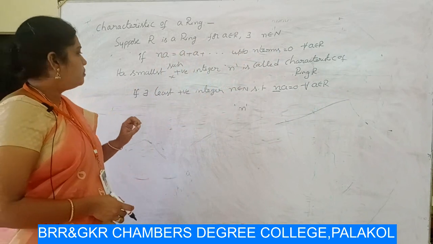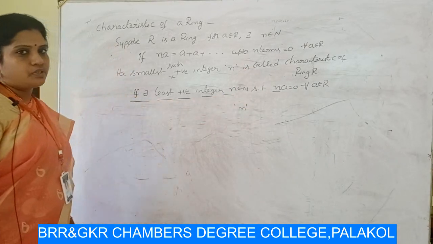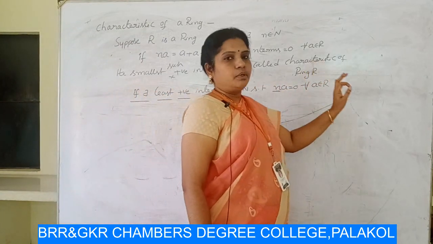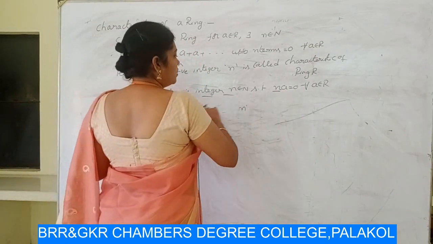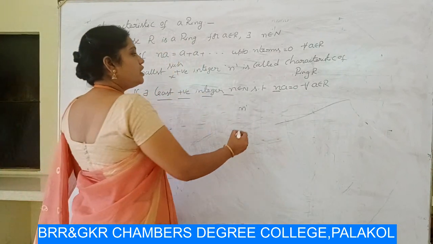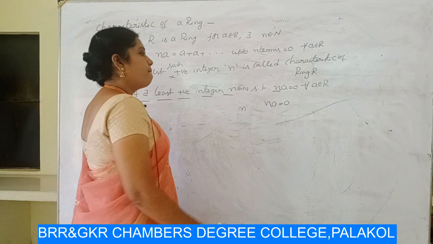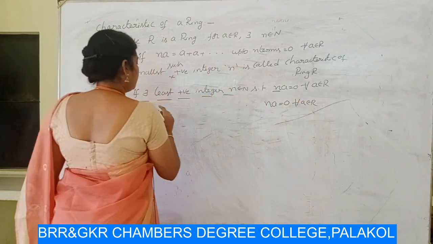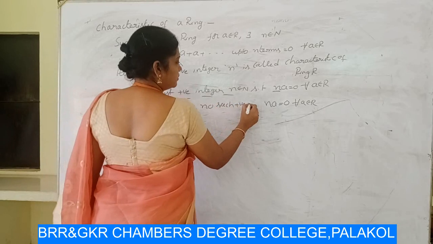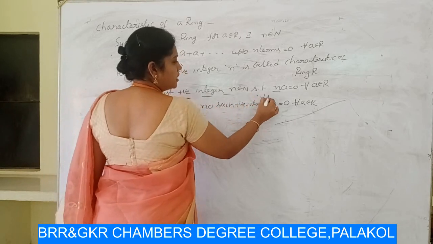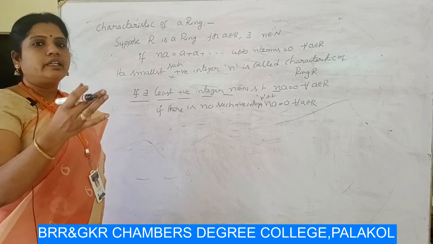So simply, be mindful of the definition. The condition is that if there exists a least positive integer n such that na is equal to 0 for all a belongs to R, then we say that n is the characteristic of a ring R. If there is no such positive integer n such that na is equal to 0 for all a belongs to R, we say that the characteristic of a ring R is 0 or infinite.